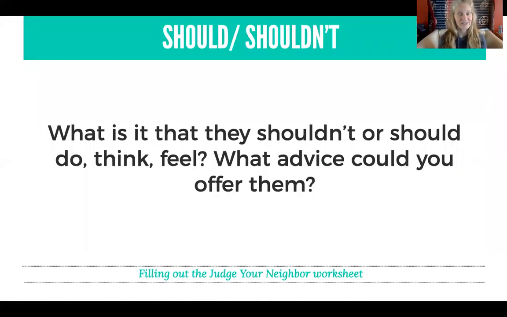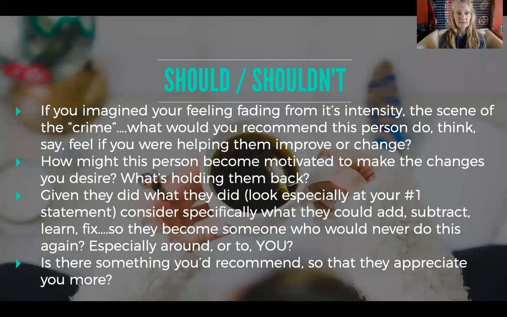The third section is, what advice would you give them? Using the words should and shouldn't. What is it that they shouldn't or should do, think, or feel? What advice could you offer? Who or what you're looking at?